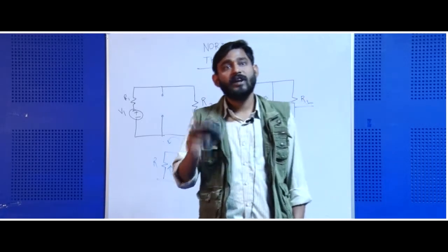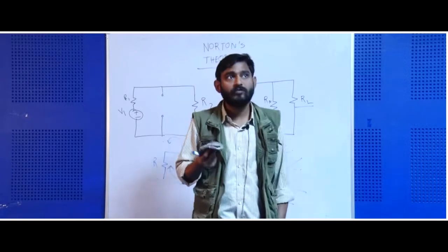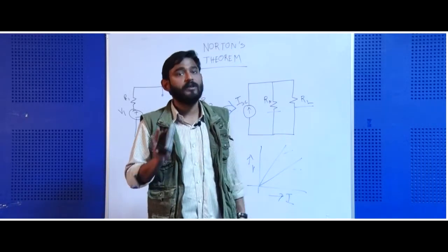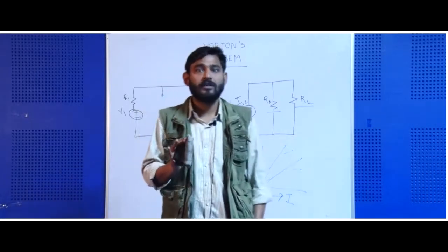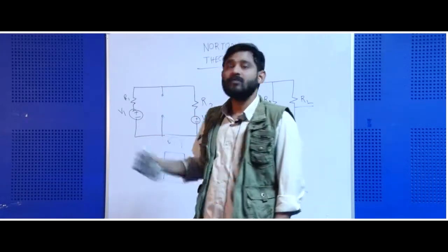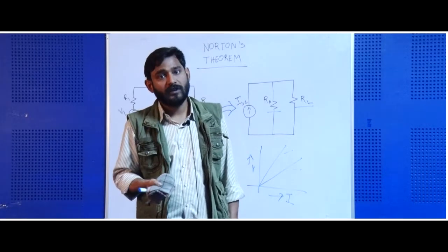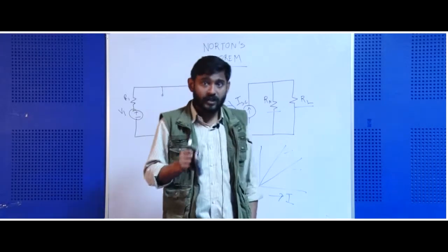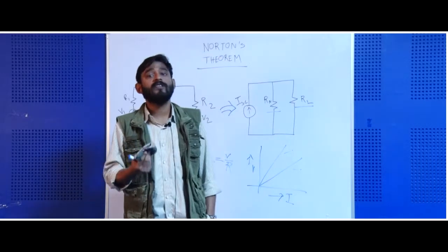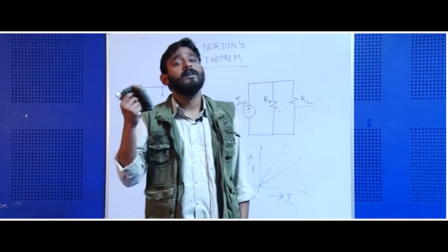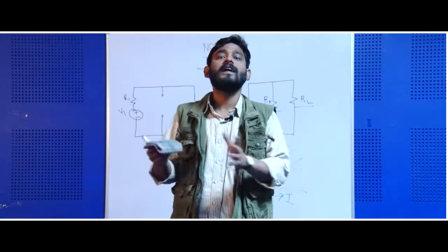So, that is why whenever you have to remove the voltage source or current source from a circuit, it is more or less conventional to remove the voltage source by a short circuit and a current source by an open circuit, except in those cases when you are provided with the internal resistance of the sources themselves, then you have to replace the sources with their internal resistances.